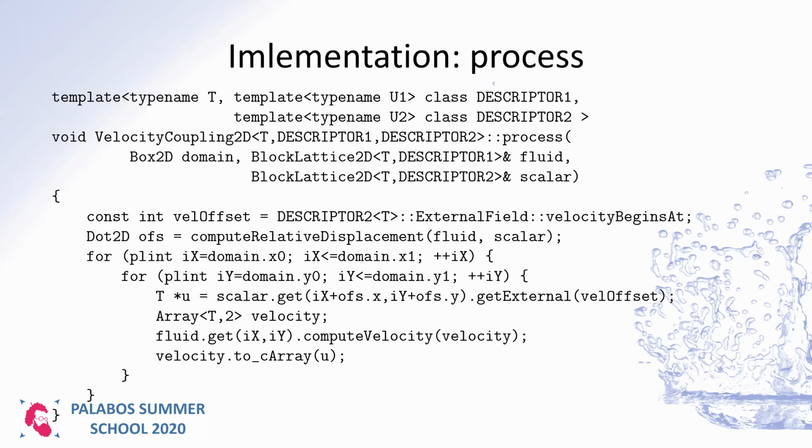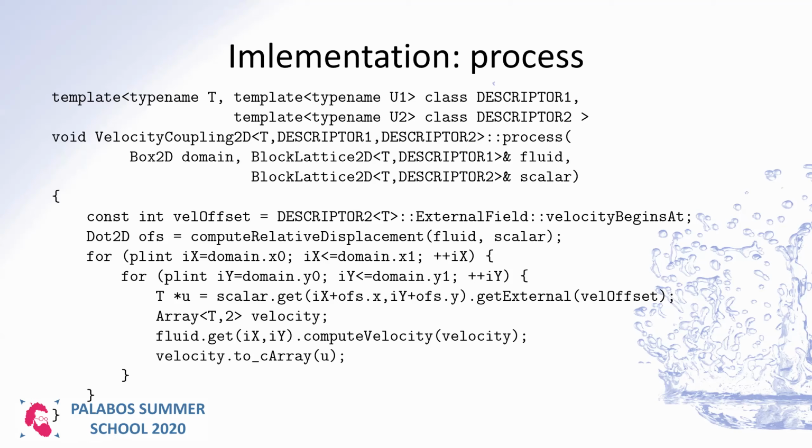So that's the line which says fluid.get(ix, iy), because ix and iy are the coordinates of the fluid lattice. Fluid.get gives you a reference to the cell at coordinates ix, iy, which has a method computeVelocity to compute the velocity.